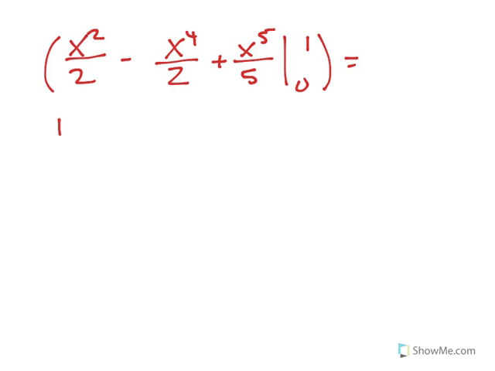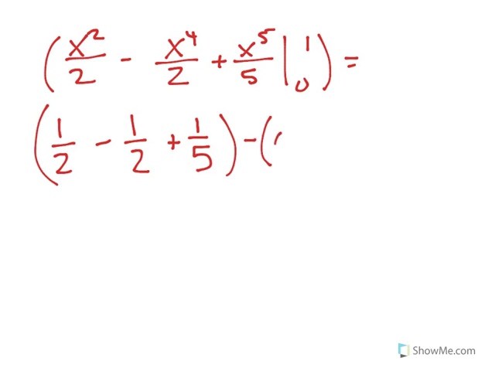So if we substitute those in, we get 1/3 minus 1/2 plus 1/5. And so the minus 0 minus 0 plus 0.